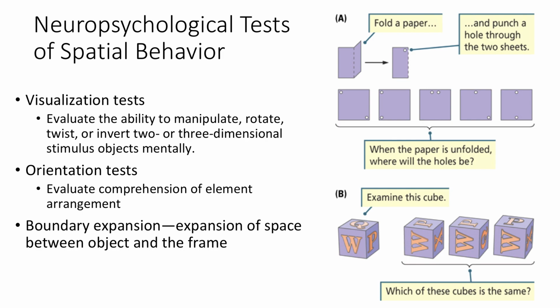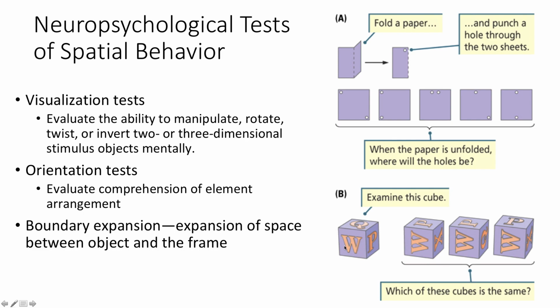Orientation tests evaluate comprehension of the arrangement of elements within a visual stimulus pattern, and whether you get confused by the changing orientation in which a spatial configuration may be presented. For example, you have a cube with letters on it, as you can see in image B. If you rotate it, which one of the cubes is the same as this cube?